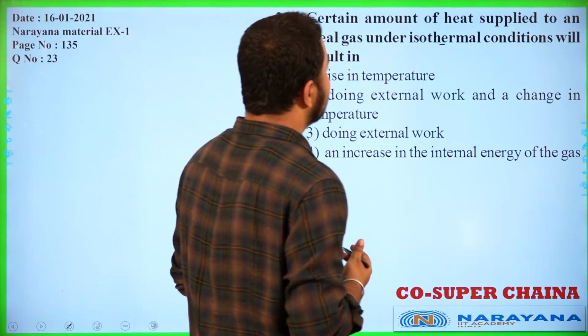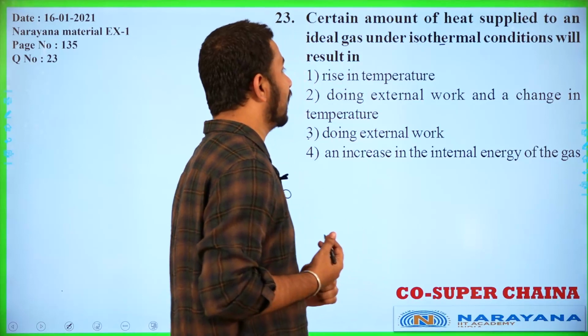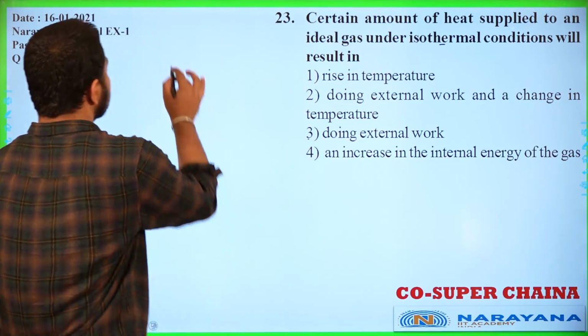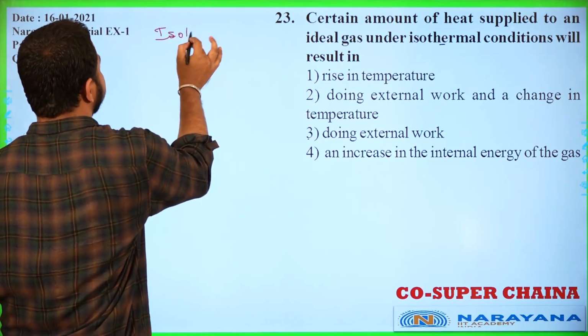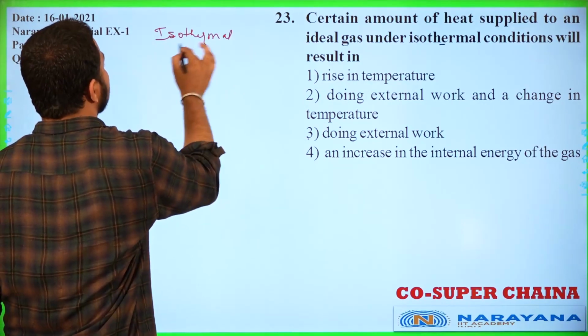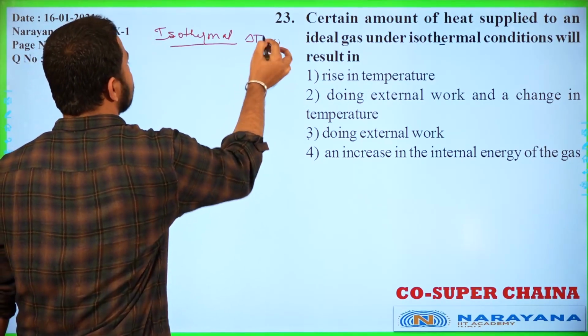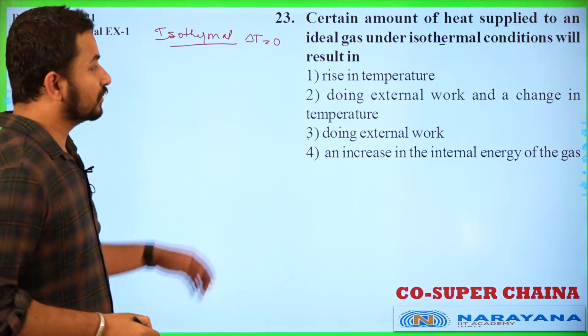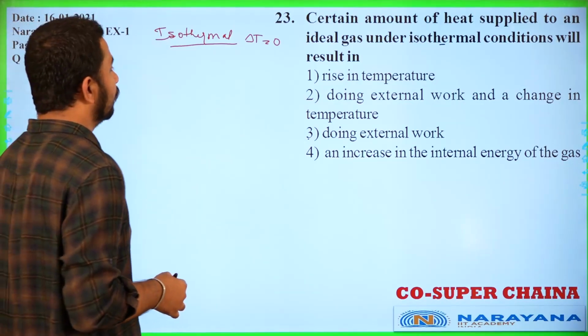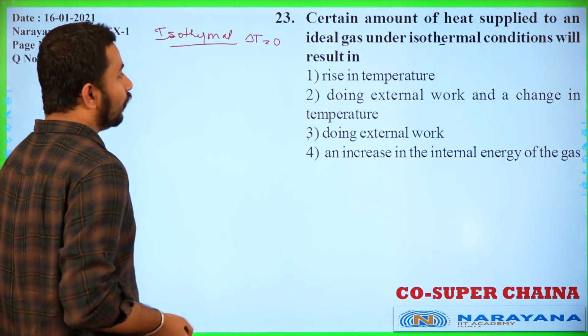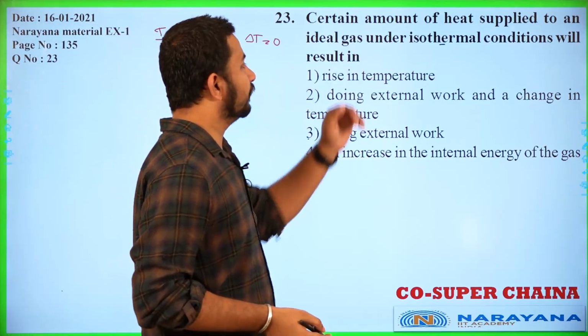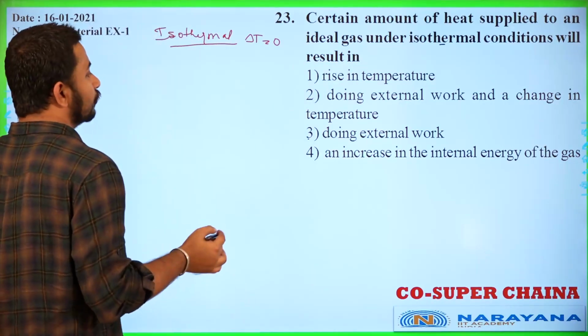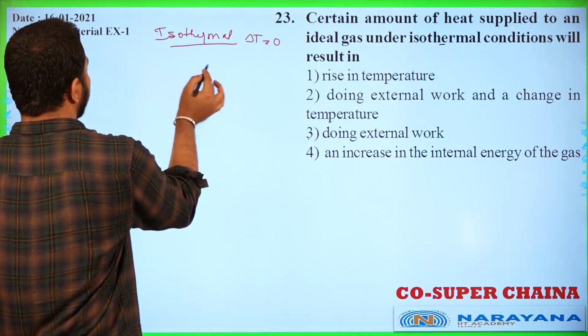A certain amount of heat is supplied to an ideal gas under isothermal condition. For isothermal we know delta T will be equal to 0.